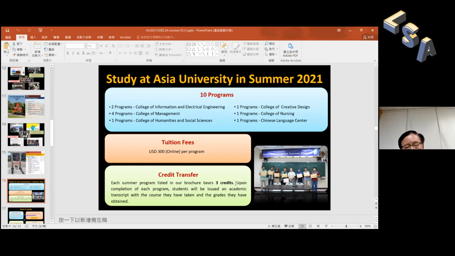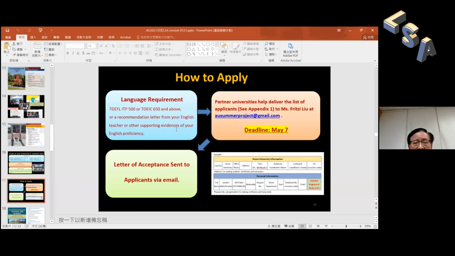At the end, students will receive a credit transcript and also a certificate of participation. And here are some of the language requirements and some of the application procedures.